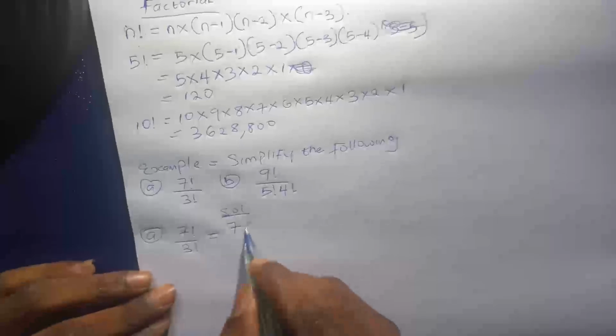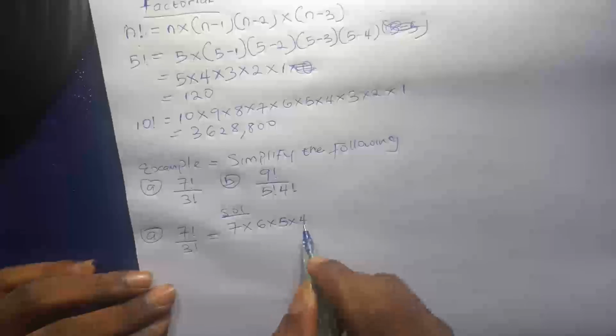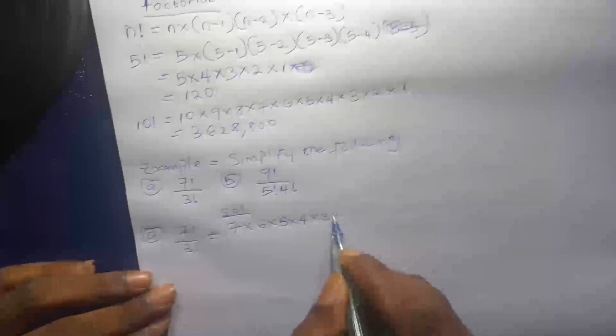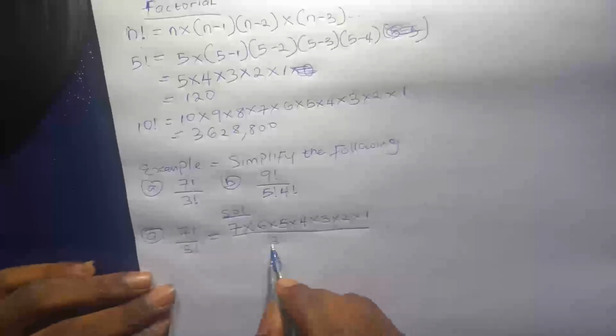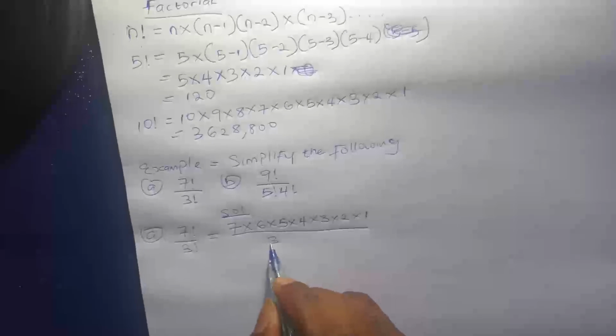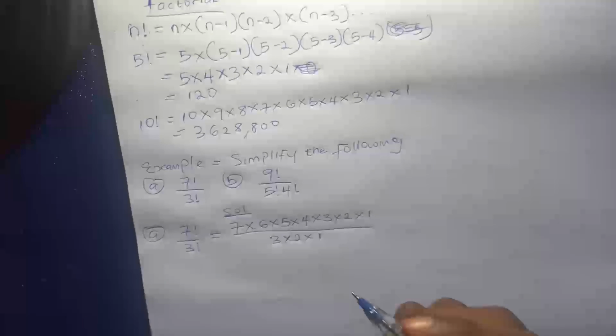Now, as earlier, 7 factorial will just give us 7 times 6 times 5 times 4 times 3 times 2 times 1. Then divided by 3 factorial, starting from 3 downward, 3 times 2 times 1.